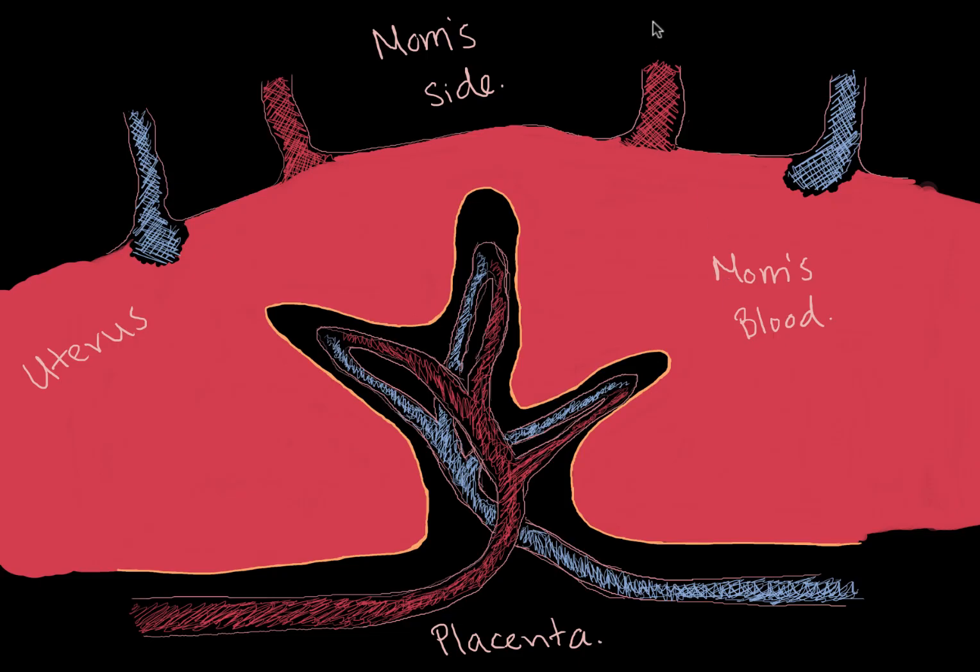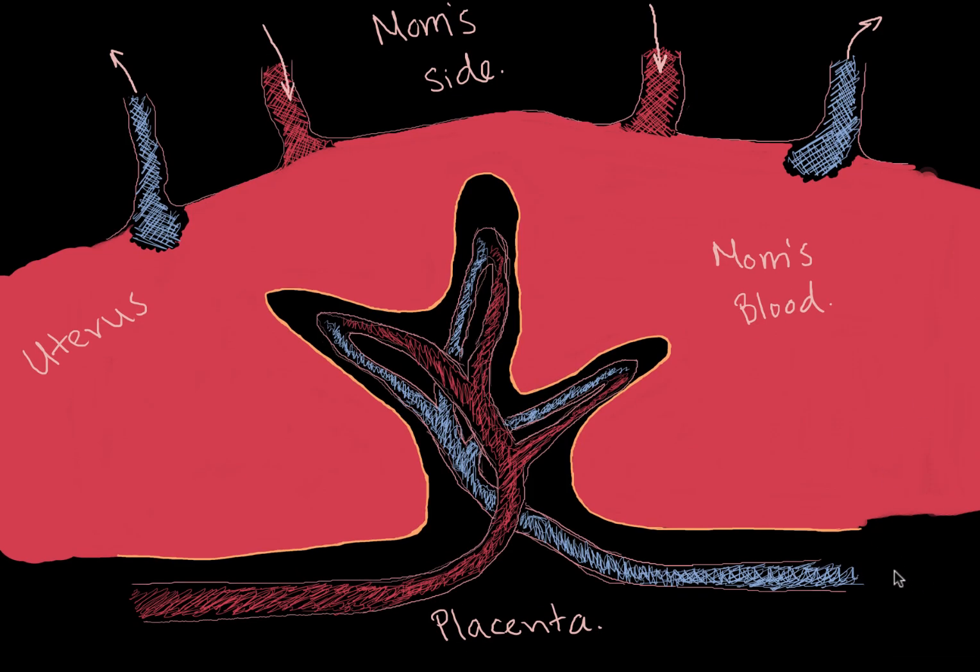And the mom pumps her blood over to the uterus through these arteries. And then at the same time, she takes out blood from these veins. And there are many of these arteries and veins, not just 4. There are a lot more. And you'll notice that there's quite a bit of blood here, and it's only at the site of the placenta. You get really a lot of mom's blood that sort of saturates, sort of fills in this space. And you'll see why in a minute and why that's so important.